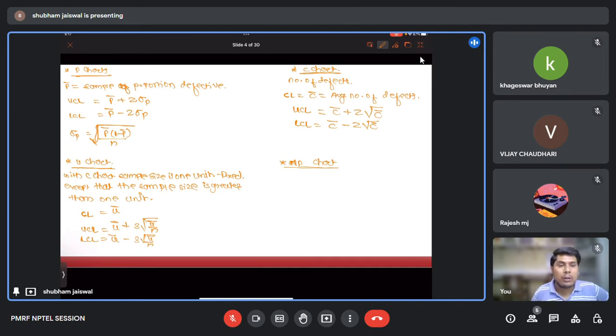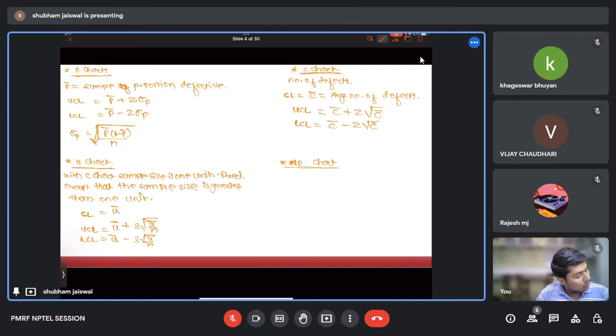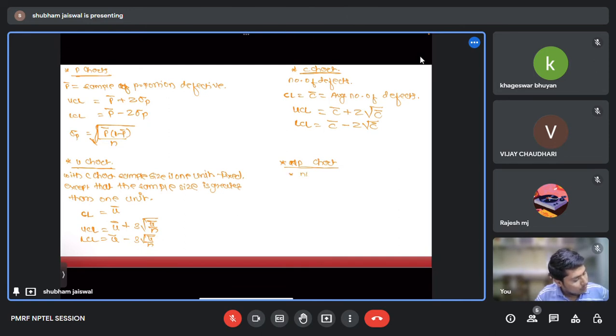And the NP chart is for the number of defectives. The center line, upper control limit and lower control limit are given by the formula with P bar, where P bar is nothing but the summation of i equals 1 to K of d i, the defectives, divided by K n, or the percentage defective.